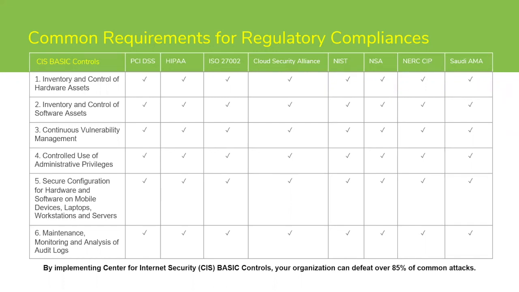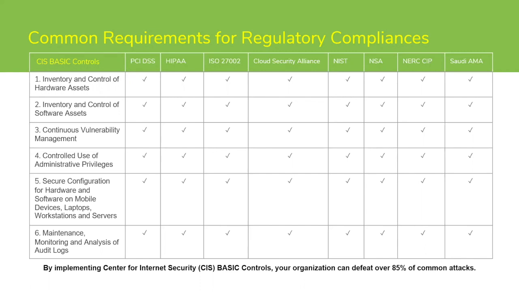Really what this depicts is that no matter what market you are in or your customers are in, there's going to be one or more regulatory compliances that you're likely subject to. These basic controls are some of the most important controls that are common across all the different regulatory compliances. So the goal is if you put these in place, you're going to drastically reduce your chances of suffering an attack or having some kind of compromise.